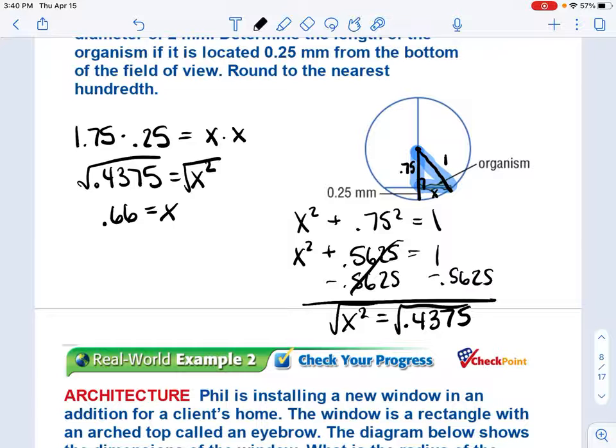We get the same thing, which is great. If we didn't get the same thing, something bad had happened. Anyway, they did give us a measure here, a unit, so we should write that in. So x is equal to 0.66 millimeters. The organism is pretty tiny.